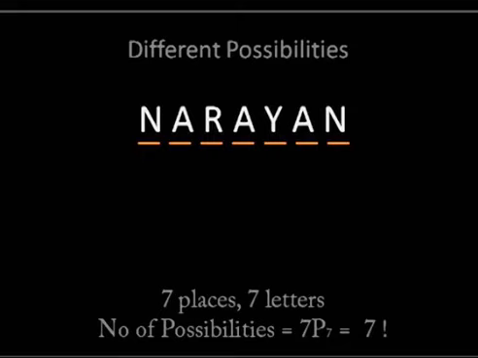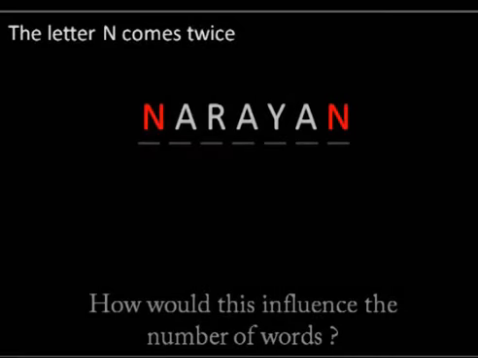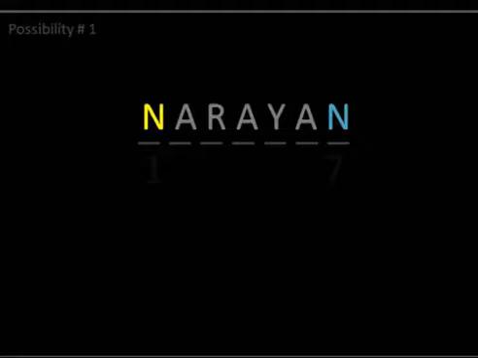But hang on, there are two N's, which means that if the first letter is N and the last letter is N, then in trying out many different possibilities, if we swap these two letters around, we are getting the same arrangement. Now we are looking for different arrangements, not the same arrangement. Hence, we will have to follow this logic.